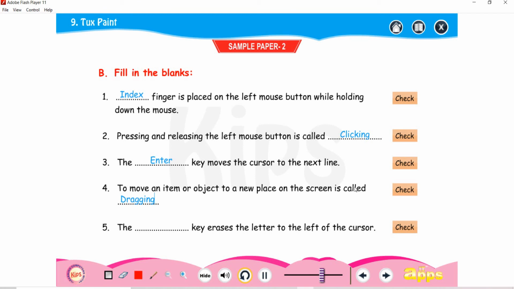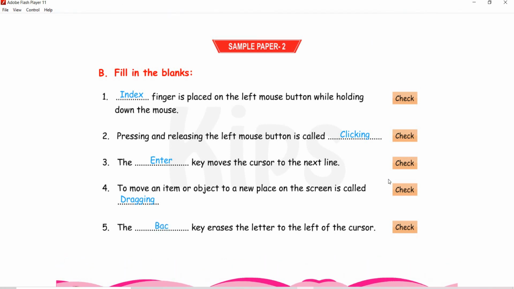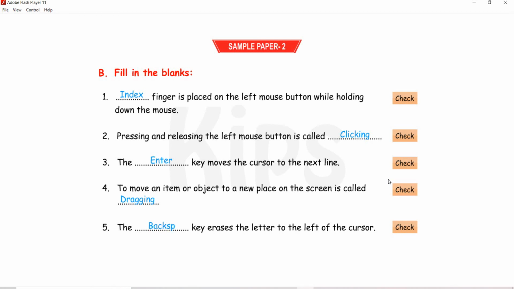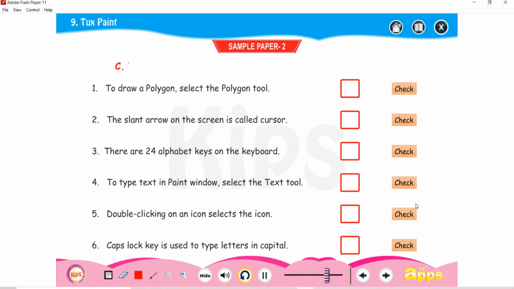Next question, the dash key erases the letter to the left of the cursor. The Backspace key is used to erase the letter to the left of the cursor. Now next, write T for true or F for false statements.